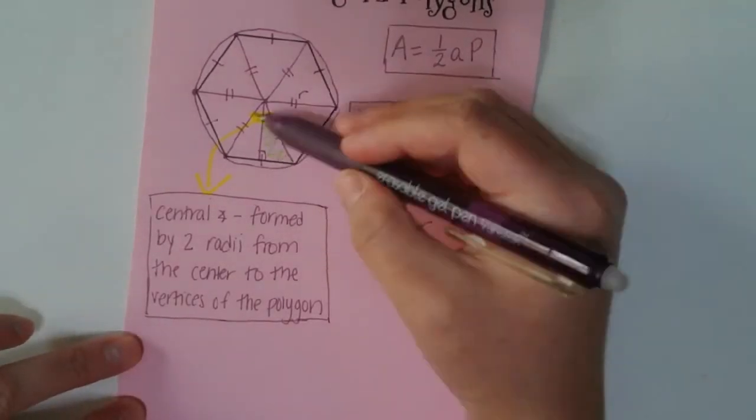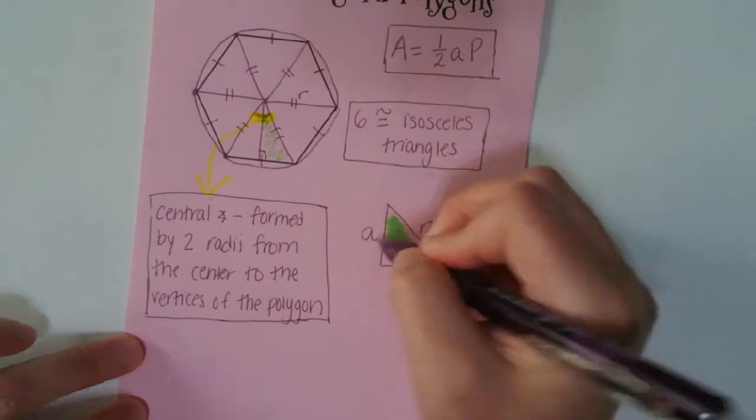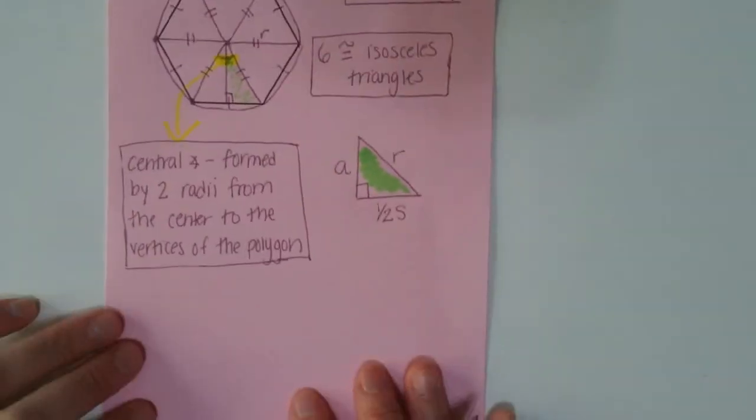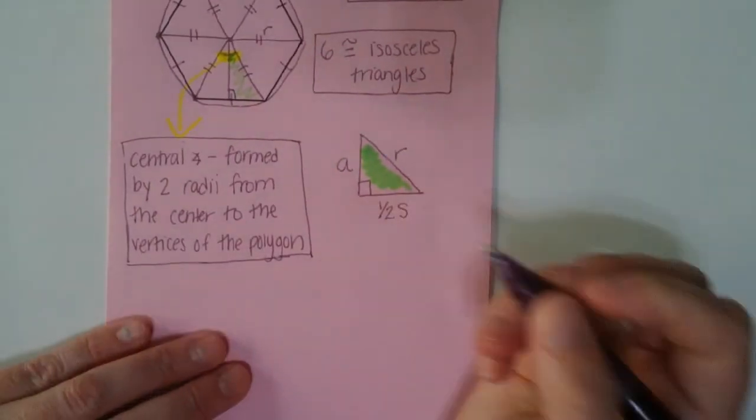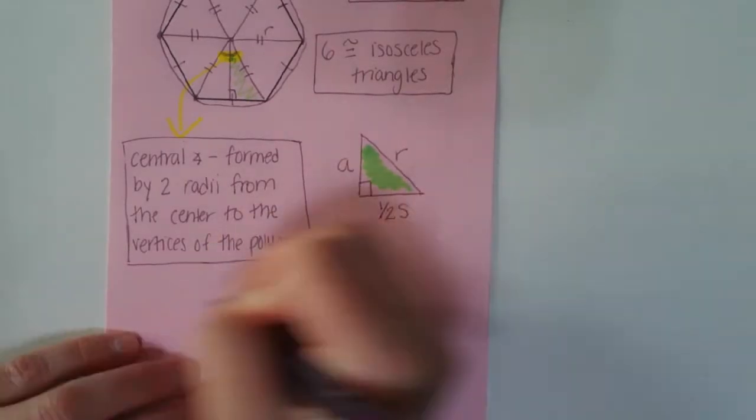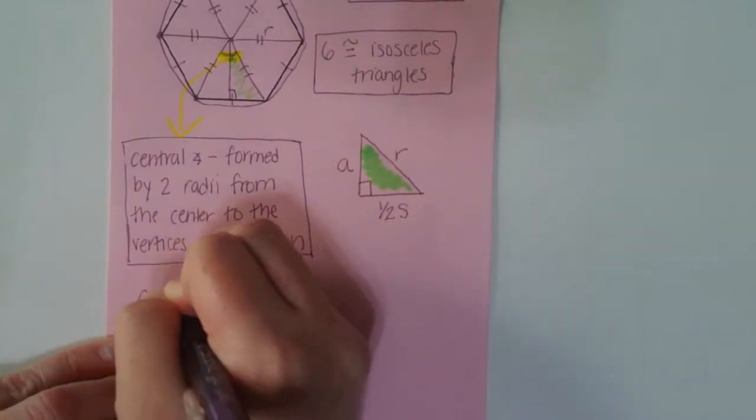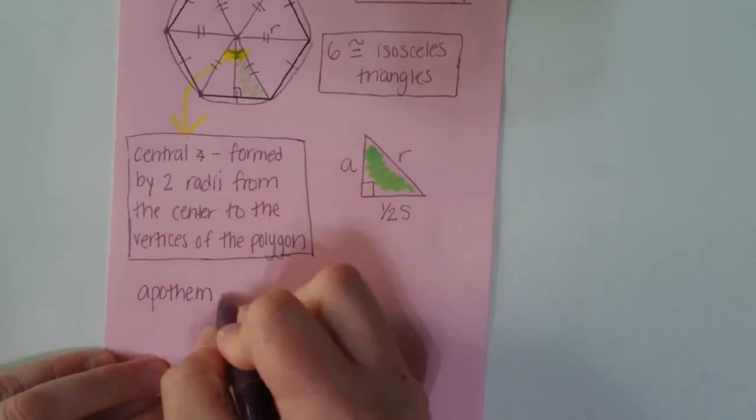This right here is going to be the letter A. It is called the apothem. So that's the next word, apothem.